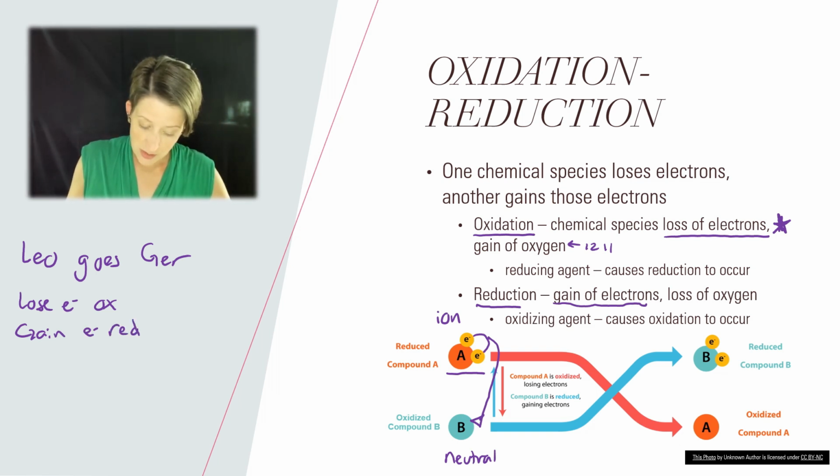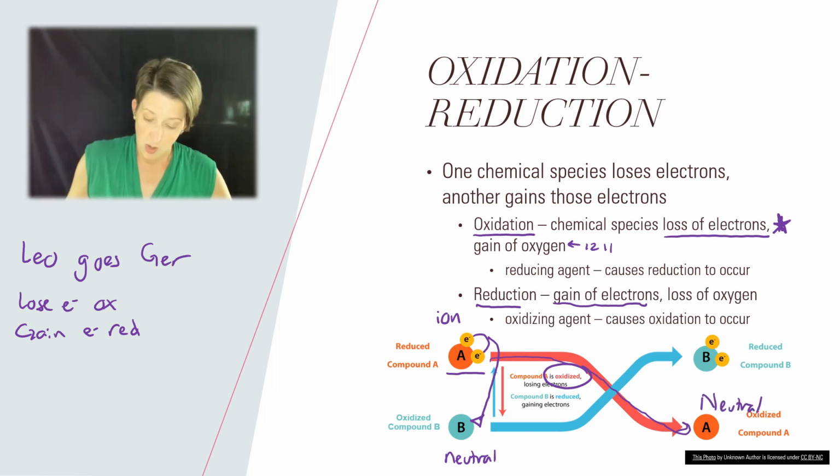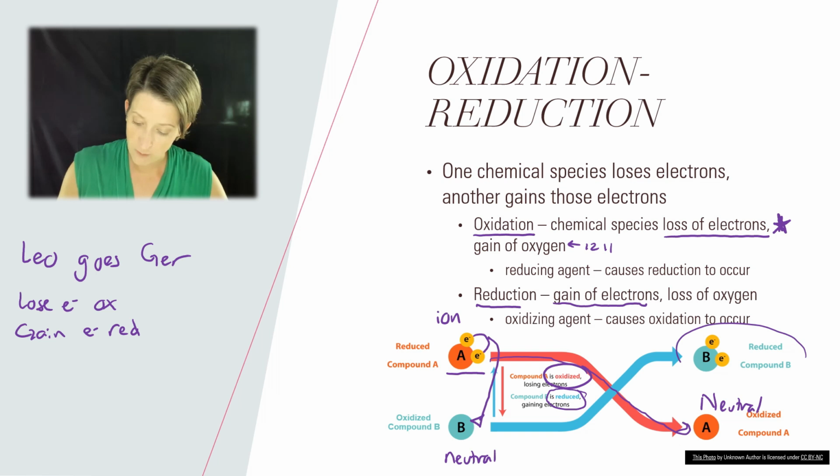Ion A is going to lose its electrons, so it's going to be oxidized. And when it loses those electrons, it's going to form a neutral compound. Whereas B is neutral, it's going to gain those electrons, so it's being reduced to form an ion.